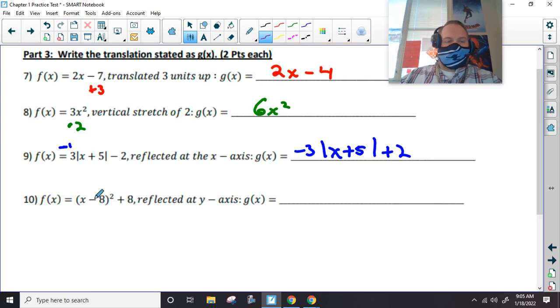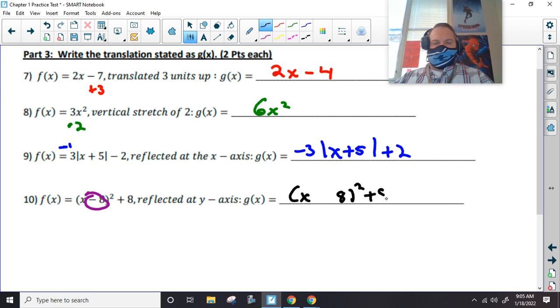All right, reflection about the y-axis. This changes this sign right here and that sign only. Everything else is the same except it was a minus. Now this is a plus.